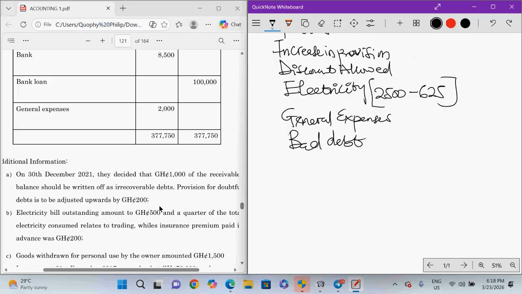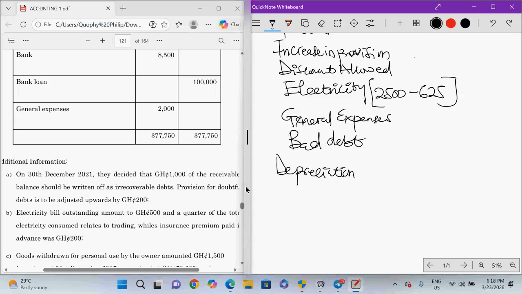Then depreciation. Is that all? Okay, depreciation. Depreciation should always be the last. Depreciation is on what?